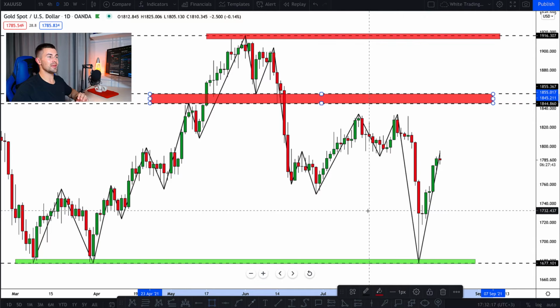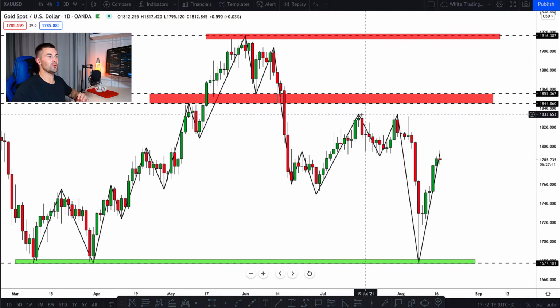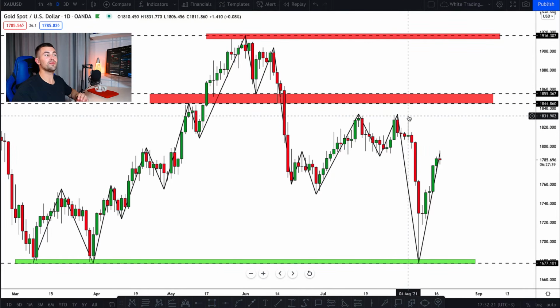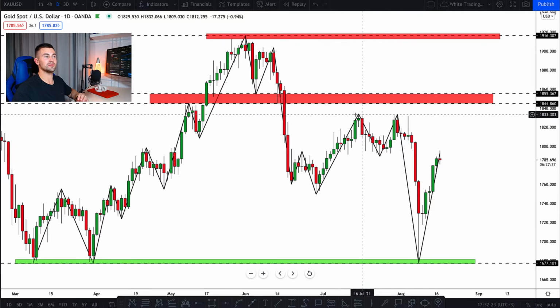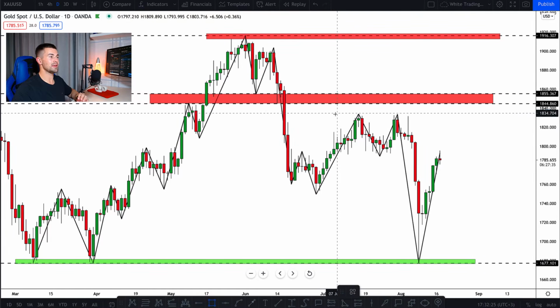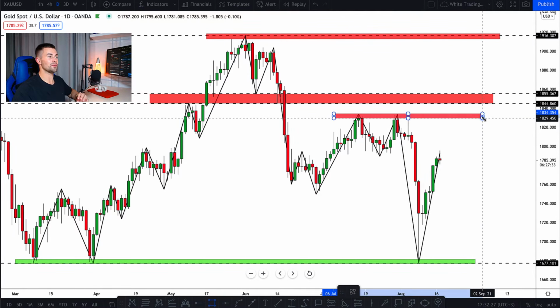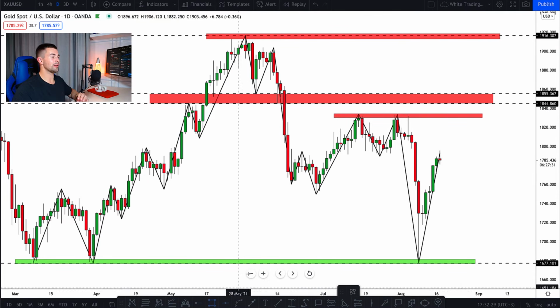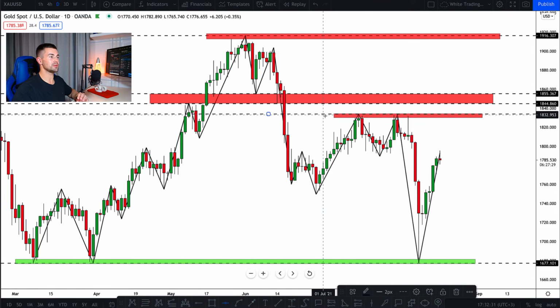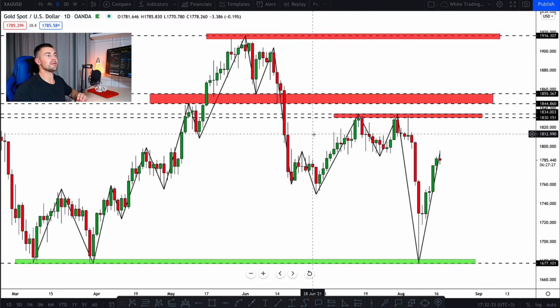Then just a bit lower over here we have 2, even 3 consecutive touches of that horizontal area, and after 3 consecutive touches each and every time the price dropped. So here is our next structure resistance.